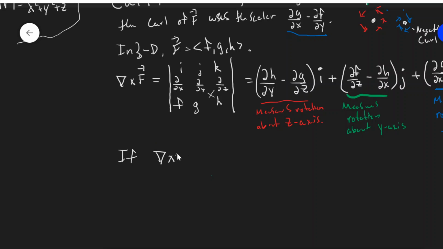If del cross F is 0, we say F is irrotational. That is, it's not rotating in any of these 3 directions. Each one gives 0. This is the 0 vector, by the way. And we say that F is irrotational. And this will have consequences when we try and extend Green's theorem.